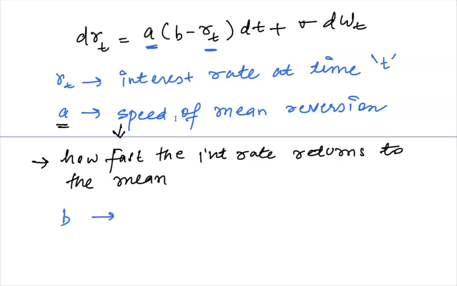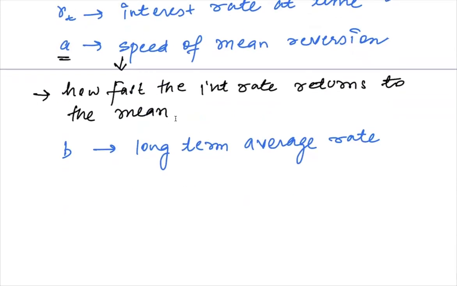B. What is B? B is nothing but the long-term average rate to which the interest rate will revert. You can always think of B as the equilibrium.